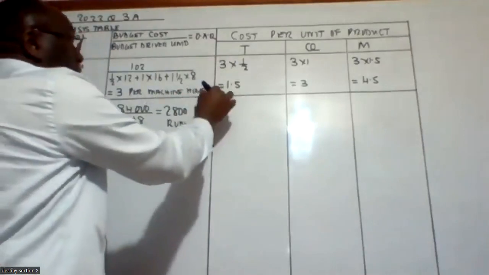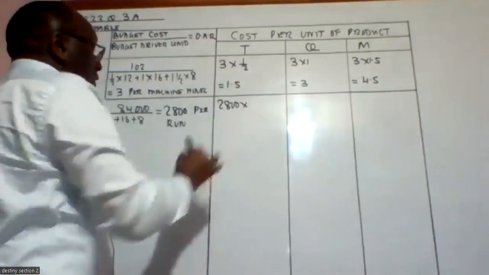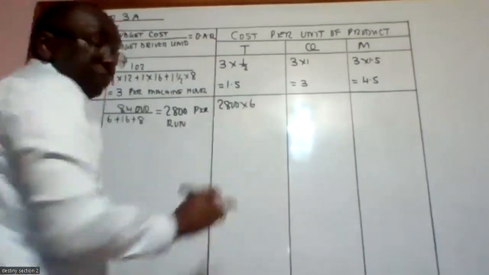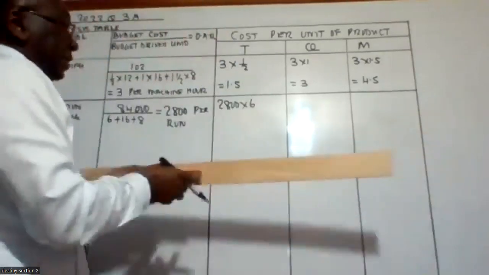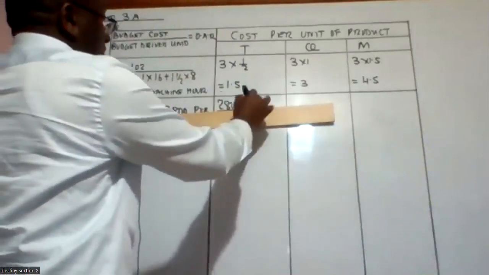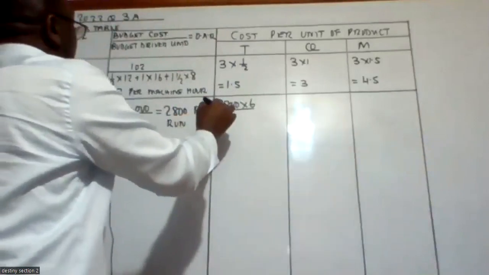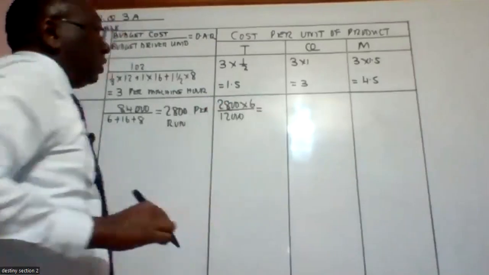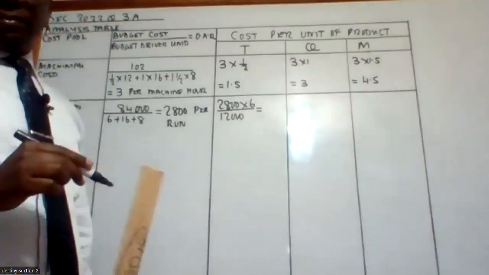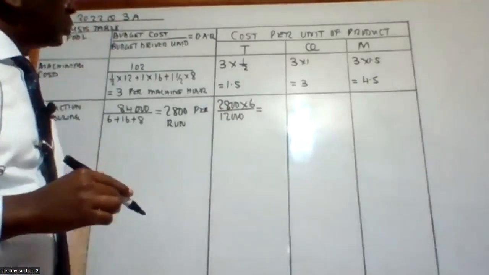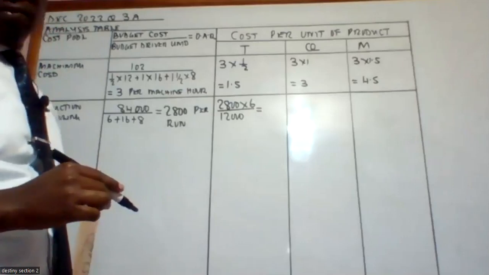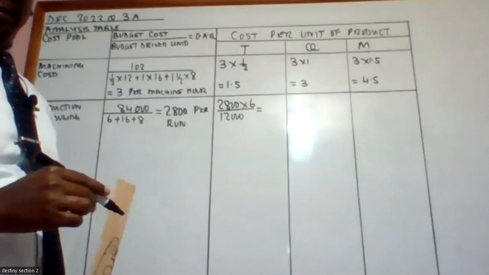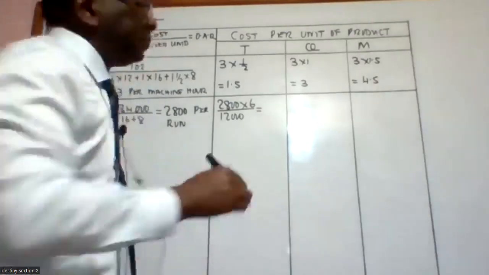You take this 2,800 and multiply by the number of production runs that are there. It has 6. Then you divide by the number of units. The units here are 12,000. So give me the answer there. 1.4.